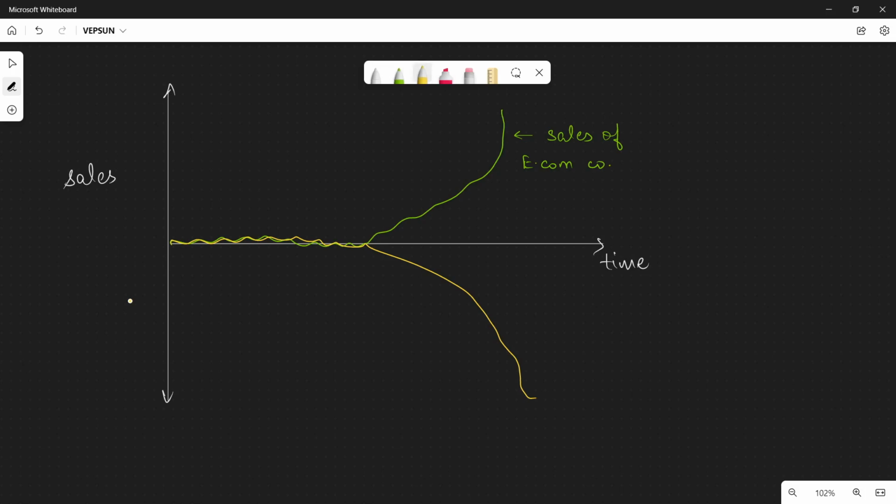This yellow graph that you see on your screen shows the sales of the grocery stores which are present near your house, the ration shops. So this is nothing but the sales of grocery stores or the physical shops which are present near your house, right?